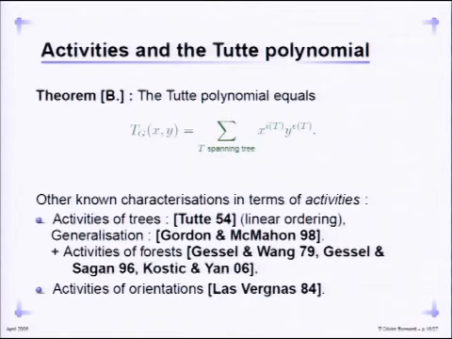In fact, when you want to prove such a thing, the easiest way is to do it by induction. And when you do it by induction, you are falling in this context. So the proof is not really using that, but I am indeed in this more general context of Gordon and McMahon.